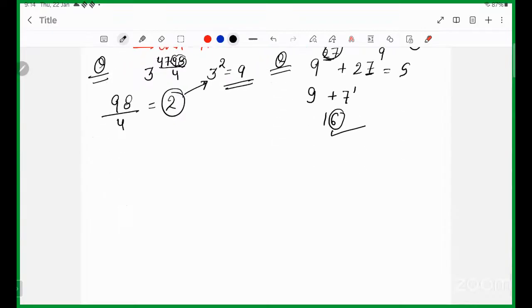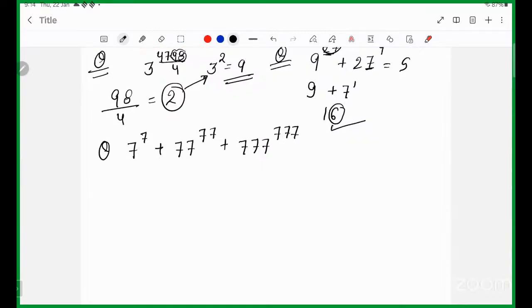Understood? We'll solve some questions. 7 raised to power 7 plus 77 raised to power 77 plus 777 raised to power 777. Again, here I will apply the same concept.